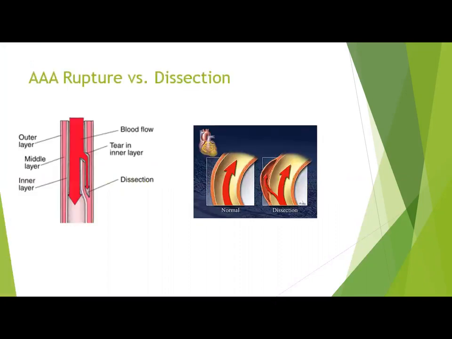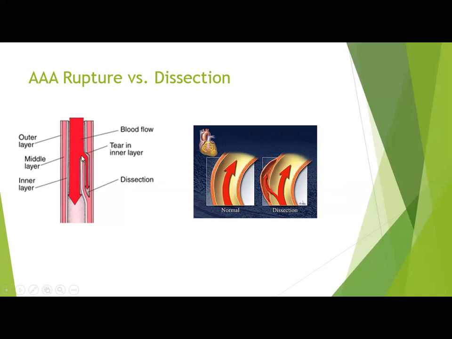So first, let's look at a couple of pictures here that are going to show us the difference between a AAA rupture and a AAA dissection. So these pictures you're looking at right now are AAA dissection. What happens with a AAA is this section of the artery wall gets weakened, it outpouches, and eventually, if it gets too big, it will burst.